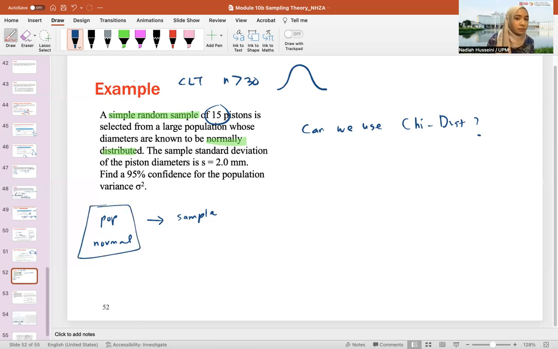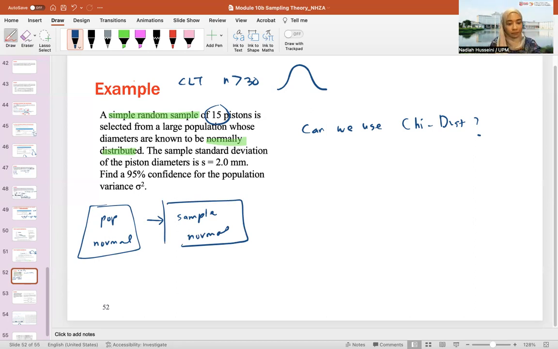What would my sample distribution be? Will it follow the central limit theorem? The answer is no, right? But what would be the distribution? Still normal. It follows the distribution of the population, guys. This was the question in the test too. I haven't marked yet. Now I'm scared to mark it.